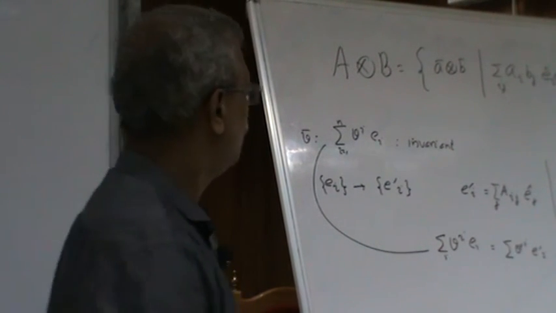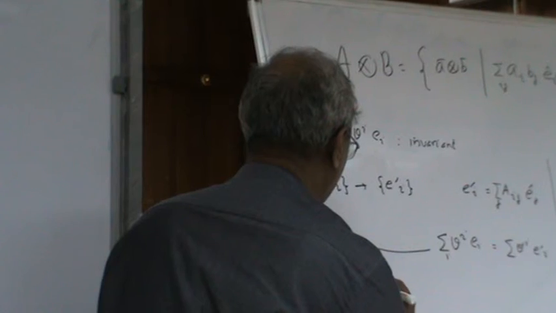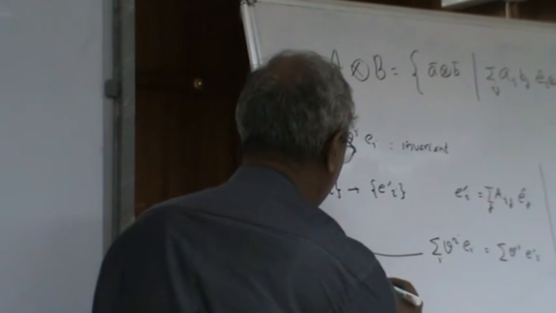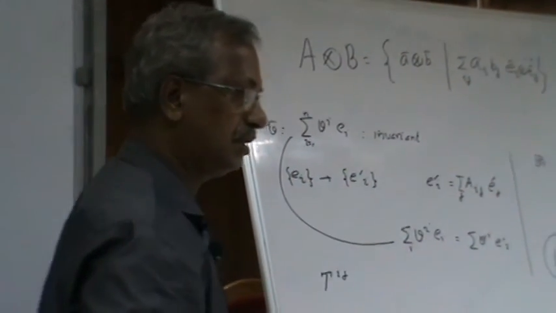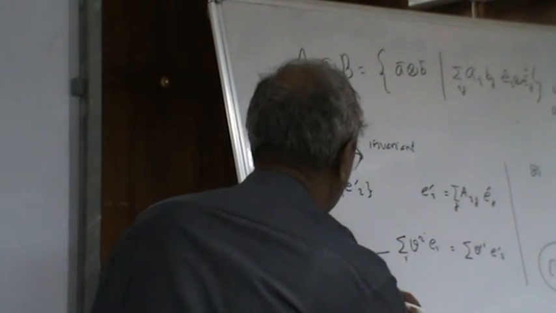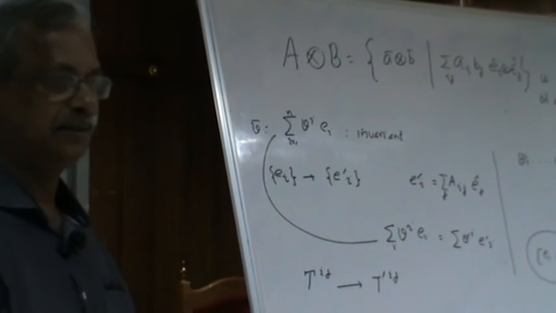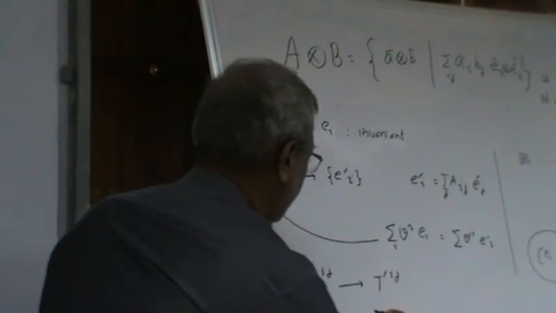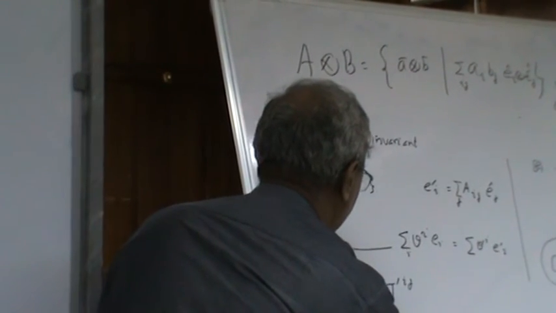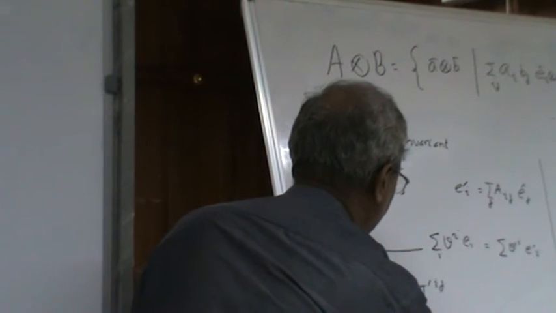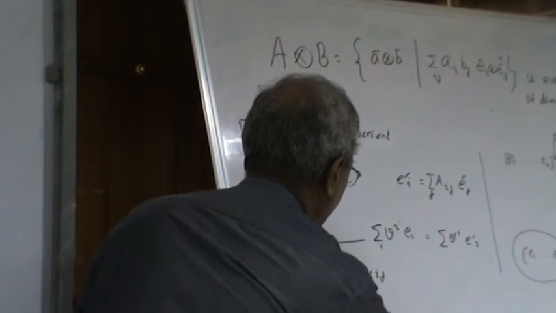Is that clear? So that means if I have a tensor of this particular form, V i j, these are the components of the tensor. Okay? Upon transformation, this will go to some V prime i j.